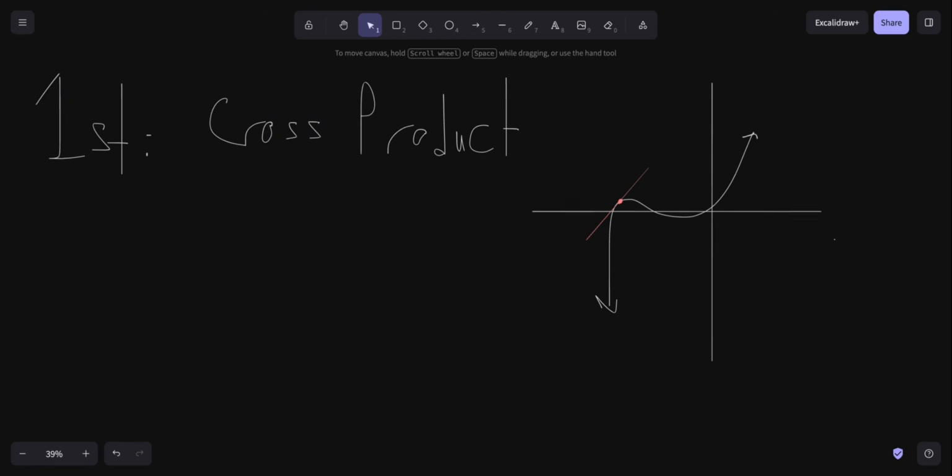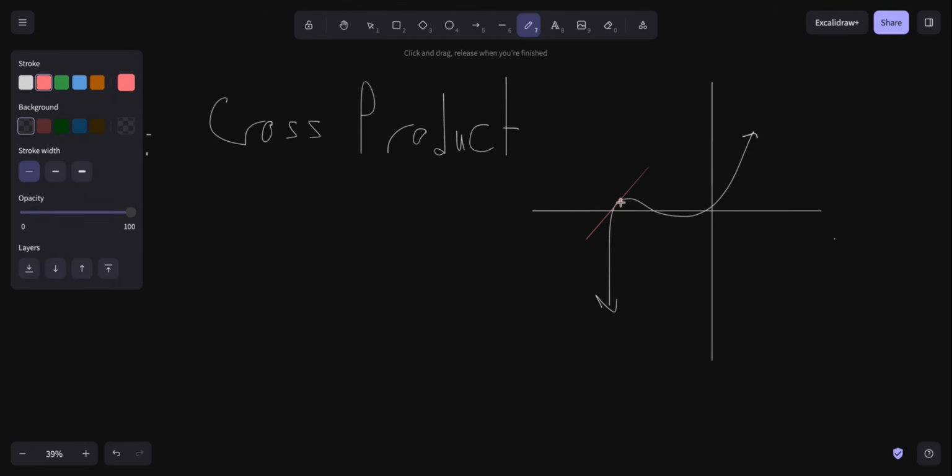Recall the linear approximation formula. Let's say that this point right over here is at the coordinates x0, y0, and the slope at that specific point is f prime of x0. Well, I'm given a point on a line, and I'm given the slope of the line.